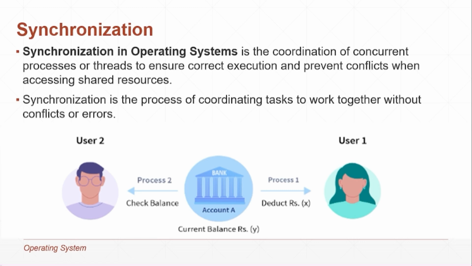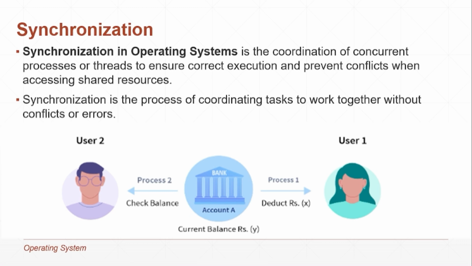Here you can see the example of a shared bank account. In this example, there is one bank account shared resource. User 1 is running process 1 to deduct money from the account, and user 2 is running process 2 to check the balance.